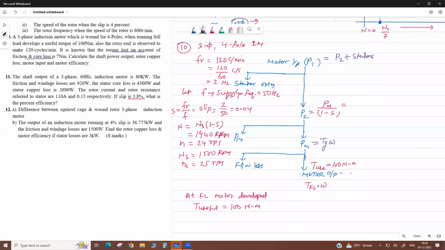Here we take shaft torque, means your full load torque, into omega. So here is a difference in torque. The lost torque, T lost, is 7 Newton meter. Then gross torque we can calculate. Gross torque will be your T lost plus useful output. It comes 107. Sorry.